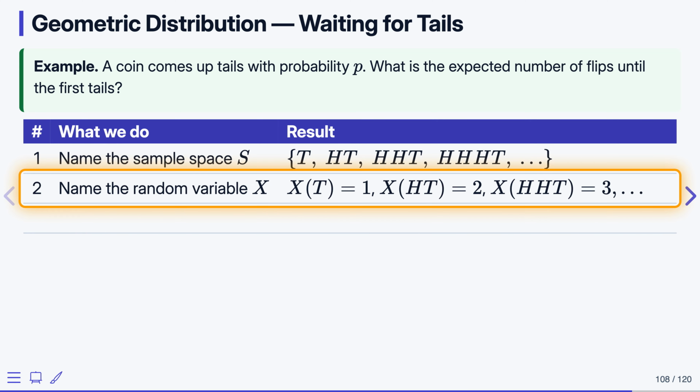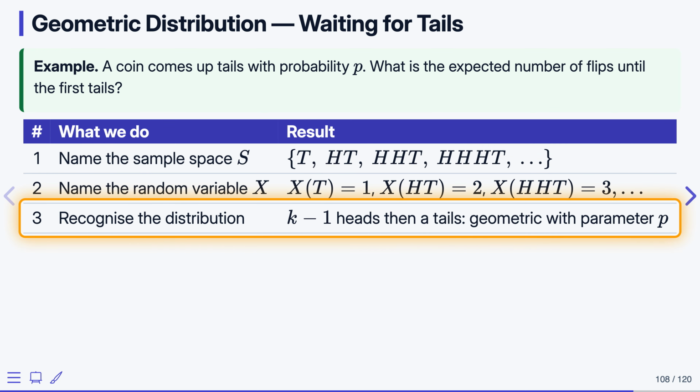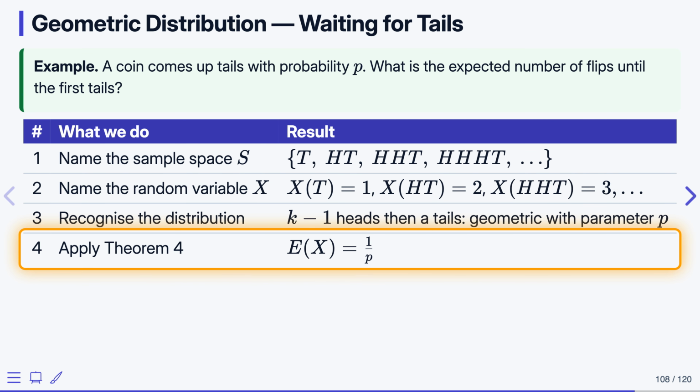X is the number of flips we made, so X of tails is 1, X of heads-tails is 2, and so on. Step 3. Recognize the shape. Outcome number k has k minus 1 heads and then a tails. That is exactly the geometric distribution with parameter p. Step 4. So theorem 4 applies, and the expected number of flips is 1 over p. If p is 1/2, we expect 2 flips.